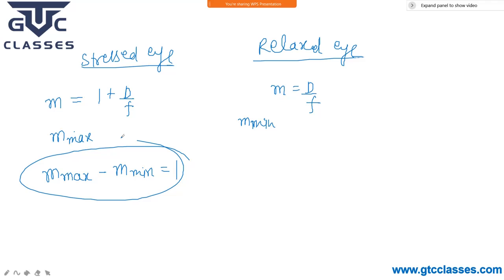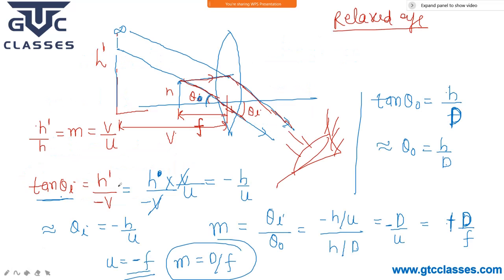Now, same thing. Here where we are keeping the object, we are keeping it at the least distance of distinct vision. Correct? But suppose we keep the lens at a distance from the eye. Let's say this is the lens. Here, this is the distance we have kept, which is a distance A. How much will the magnification power be? The lens is kept at a distance A from the eye.